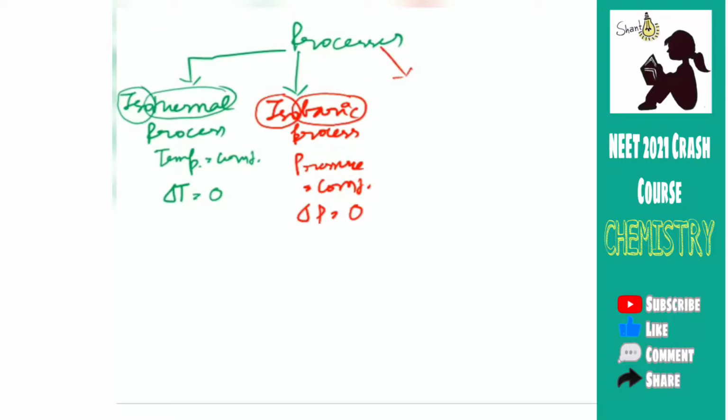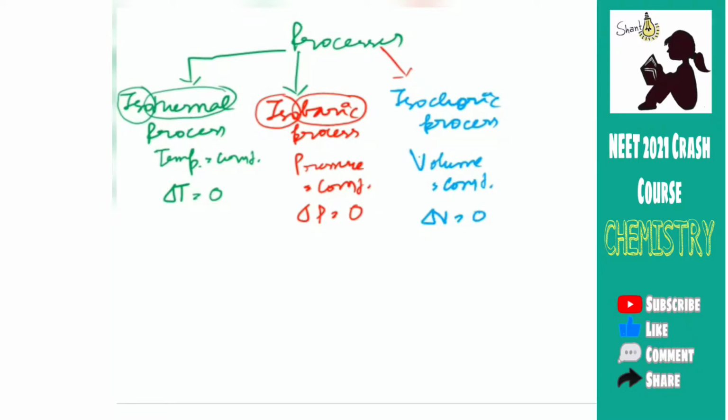Next is our isochoric process. Choric means volume. You can just guess it from the name. If you remember it from the name, you will never confuse it with other processes. So here volume will be constant, so del V equal to 0.